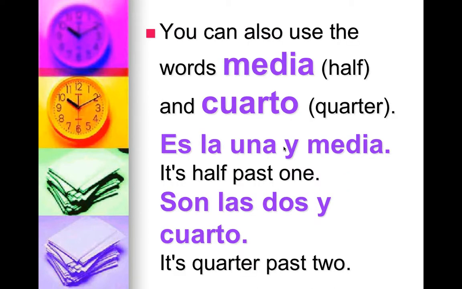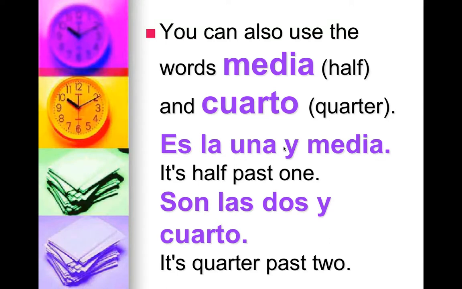Now, you might remember from our canción, there are also different words that do not have to do with the actual número, the actual number on the clock, to talk about when it's half past the hour or a quarter past the hour. So you can use words like media, which is half, and cuarto, which is quarter. Por ejemplo, es la 1:30. That would be like it's 1:30.